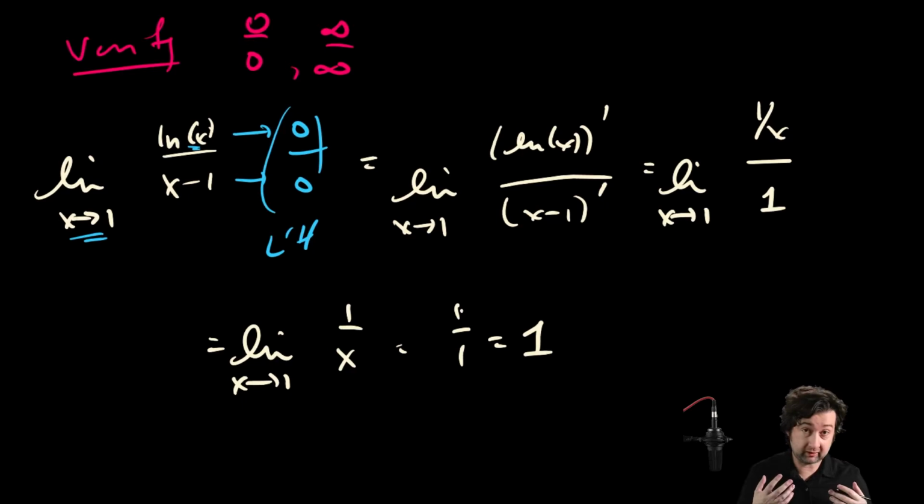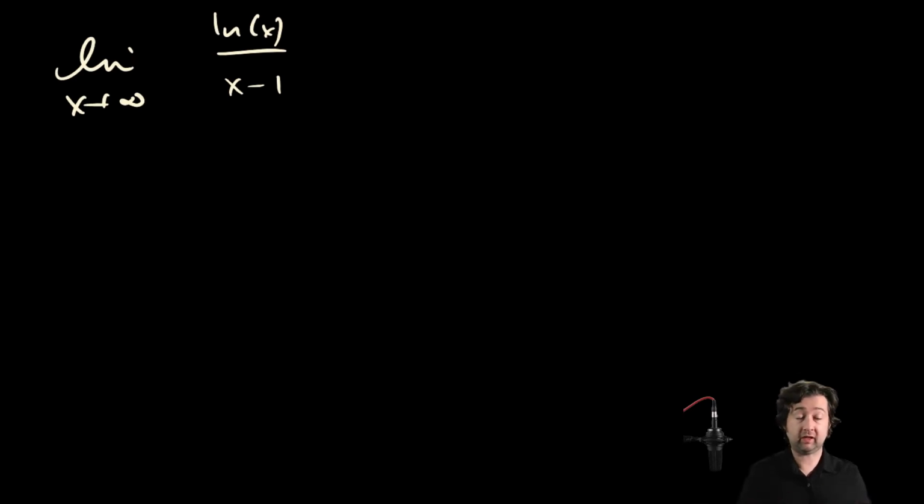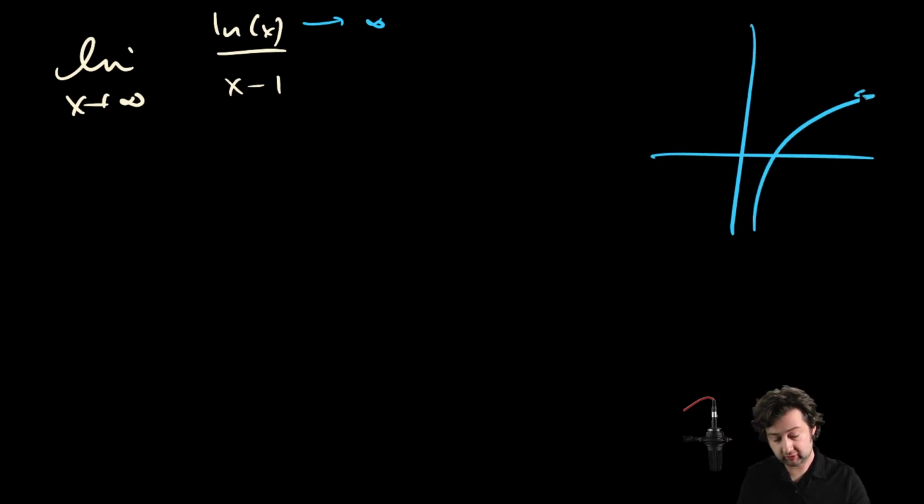Let's see what happens at the asymptote as we run out to infinity in x. As before, I need to verify that I'm working with an indeterminate form. So if I look at the top and I look at the bottom, as x goes to infinity, the natural log also tends to infinity, because natural log is a function that looks like this. So natural log does tend to infinity as x goes to infinity. x minus 1 tends to infinity as x goes to infinity.